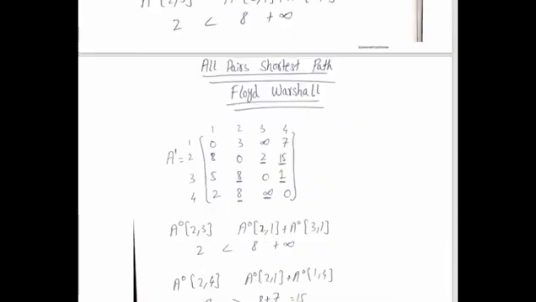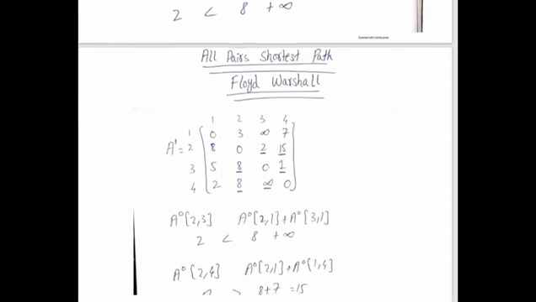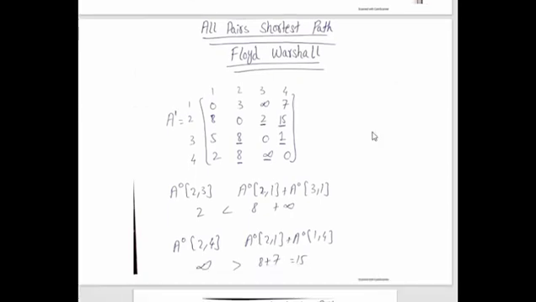Next, if we are going to calculate the distance for 2 to 4, here we will use again the same formula: A naught, whatever we are going to find on the left side, and on the right side we use the intermediate point 1, A naught distance of 2 to 1 plus A naught distance 1 to 4.